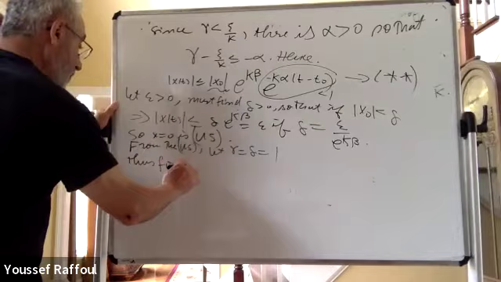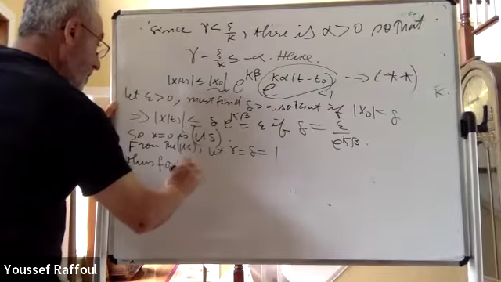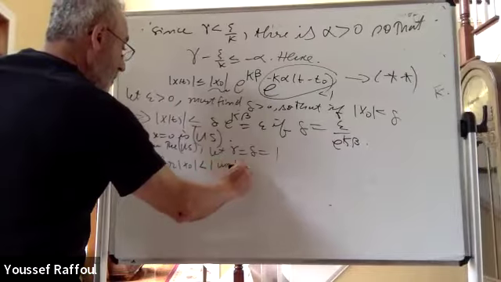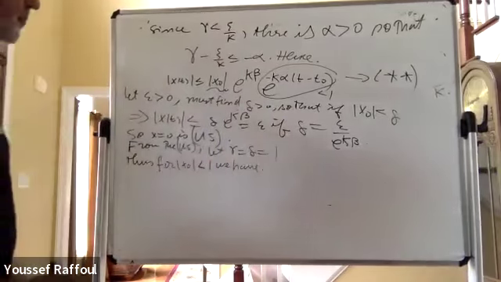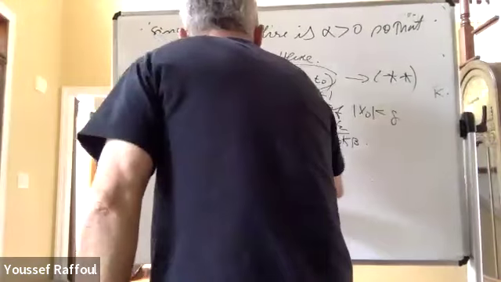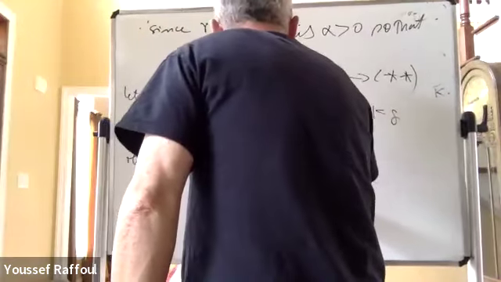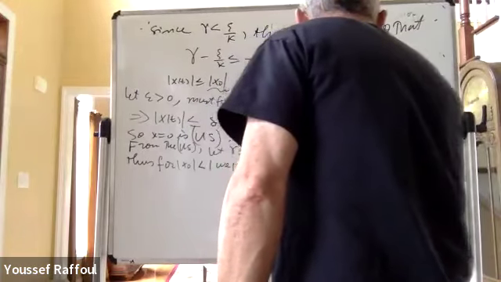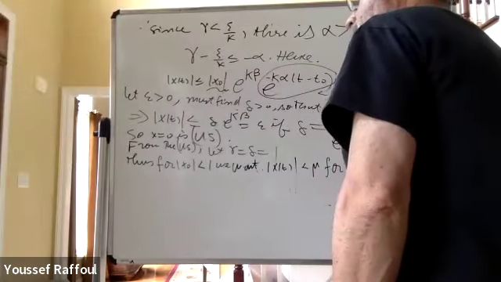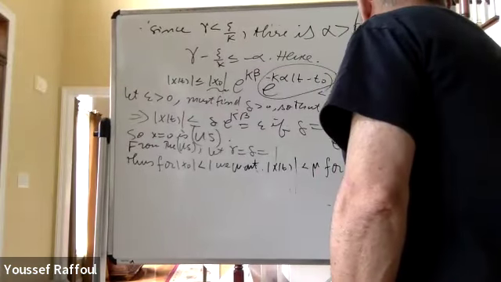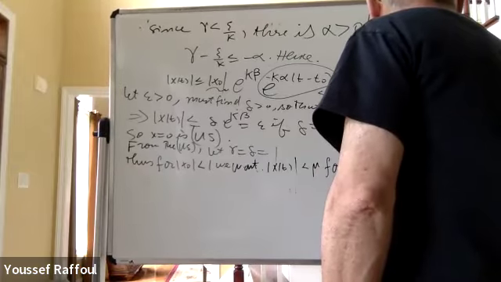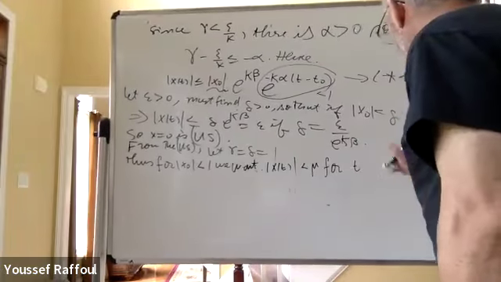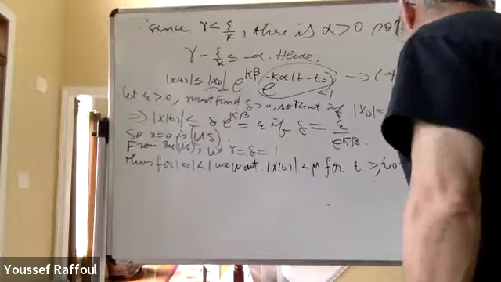Thus, for x0 less than 1, we want x of t less than mu for t bigger or equal to t naught plus t mu.